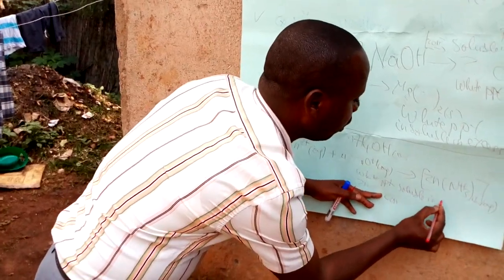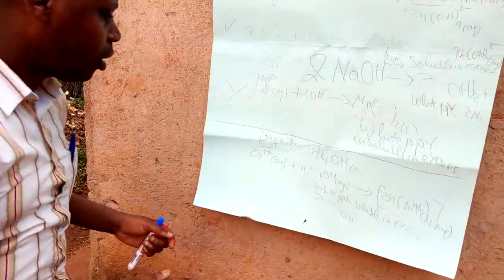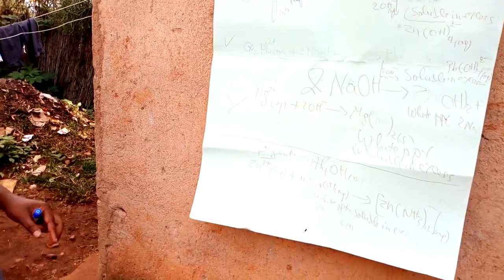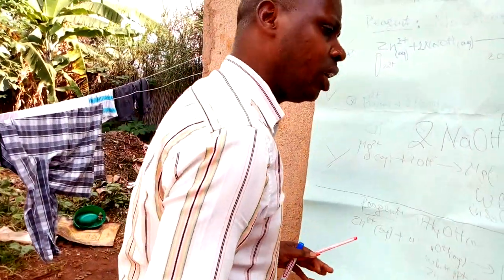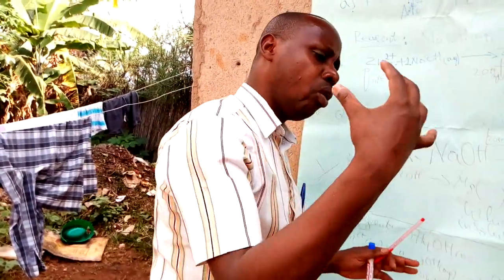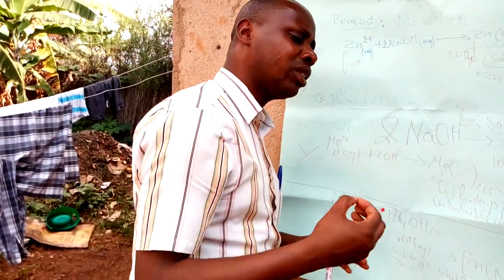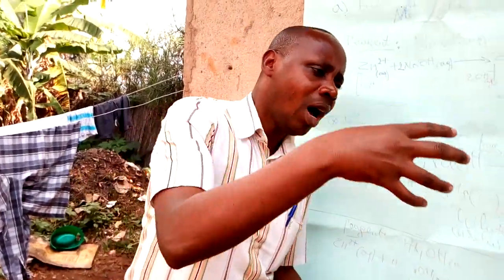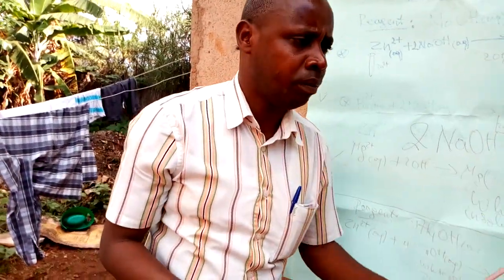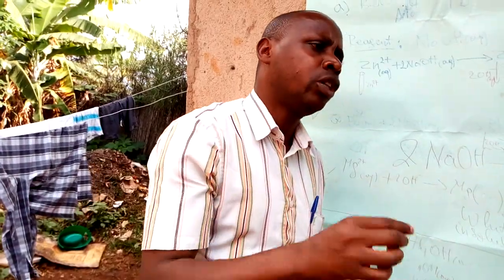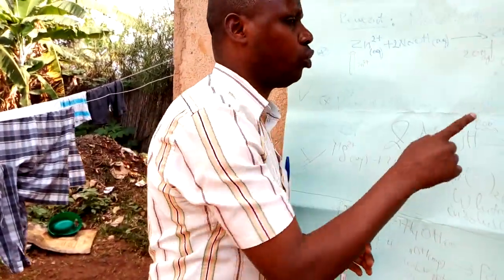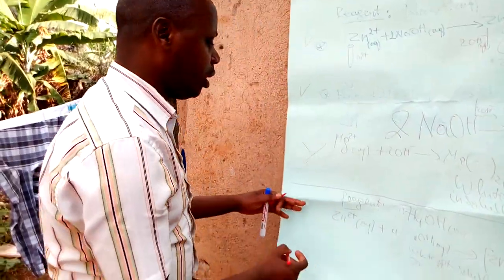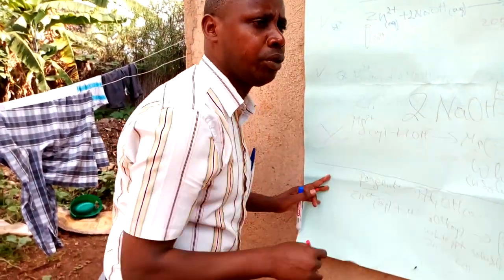But on the side of lead, because lead is nearest to the nonmetals, even though it is amphoteric, it is more acidic compared to zinc. It requires a very strong base like sodium hydroxide to be soluble. If we use ammonia solution, because it is weak, it cannot satisfy the solubility of lead.